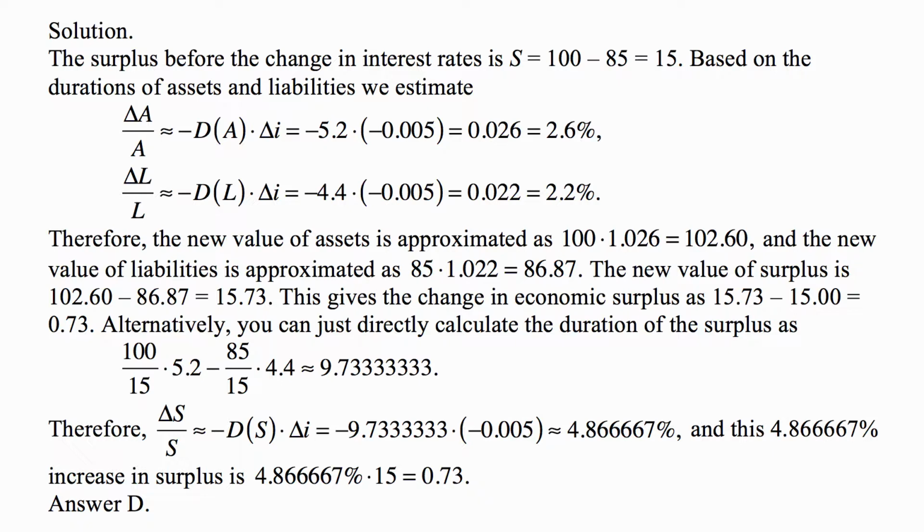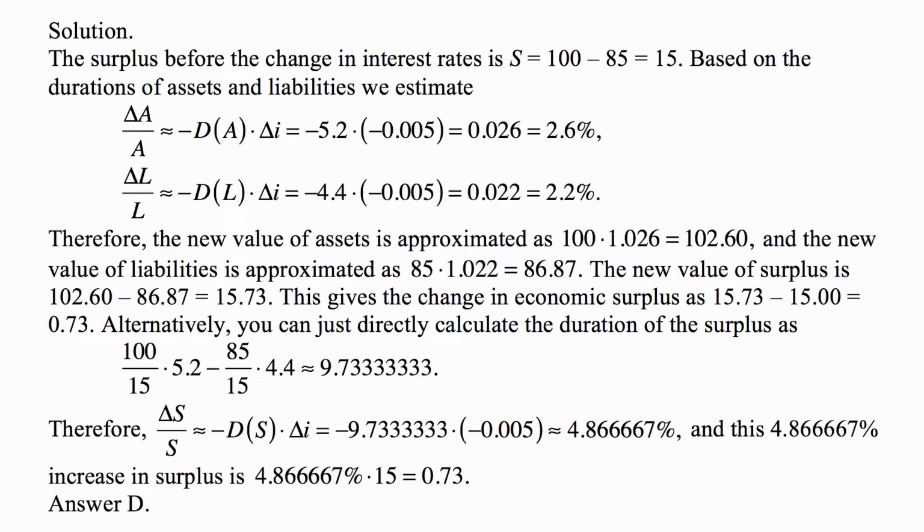Or you can just directly calculate the duration of the surplus as the weighted value-based average of the durations of assets and liabilities, where liabilities are treated as a negative position. And the allocation is 100 out of 15 of surplus allocated to assets, and negative 85 out of 15 allocated to liabilities.